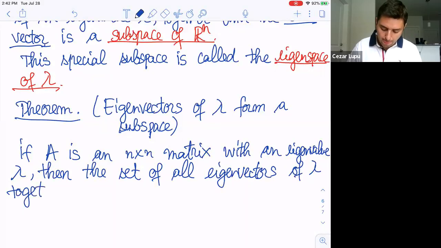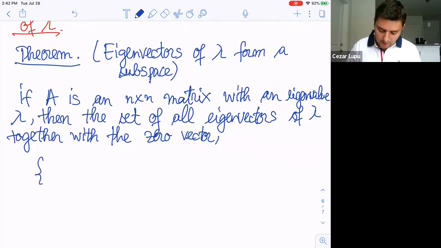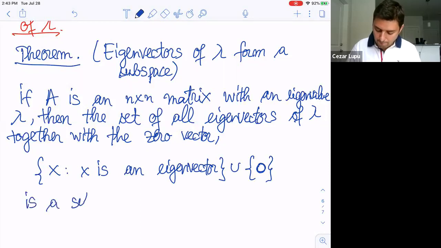together with the zero vector, and let me express this in the following way. So this set, the set of all vectors x, where x is an eigenvector, and now I'm going to reunite this with the zero vector. This guy is a subspace of Rn.